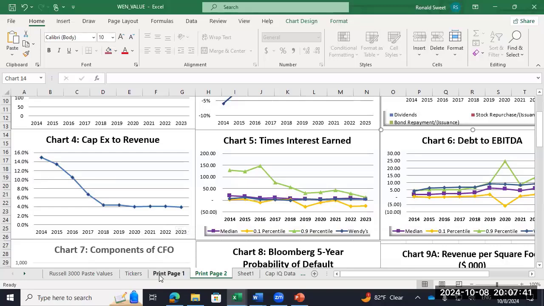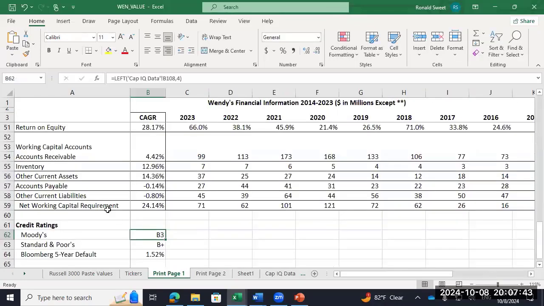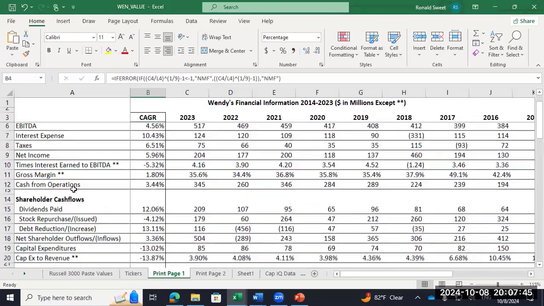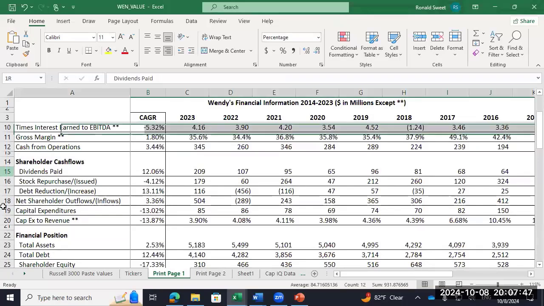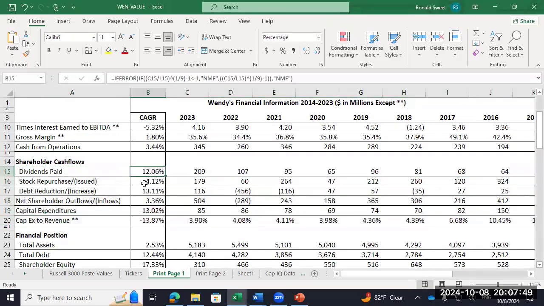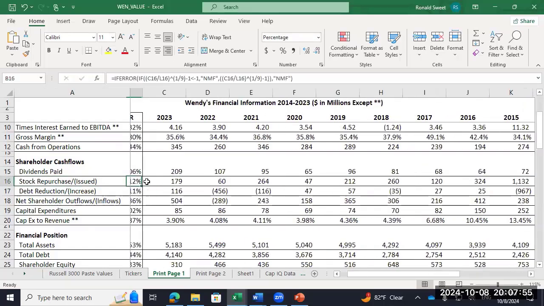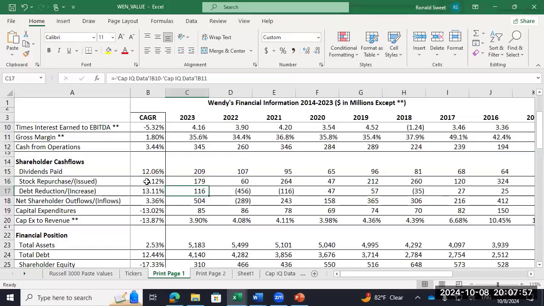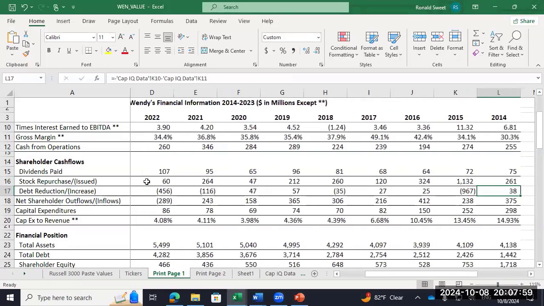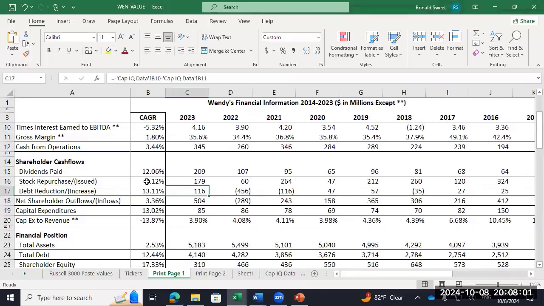But the other thing to look at is on print page 1, on lines 15 and further, you do get some growth rates. So the dividends have been growing pretty solidly. Their stock buybacks are so volatile, it really depends on the starting year. They have been reducing their debt, but that's pretty volatile too.